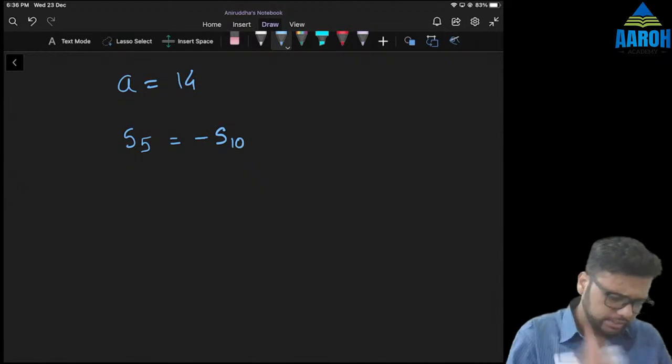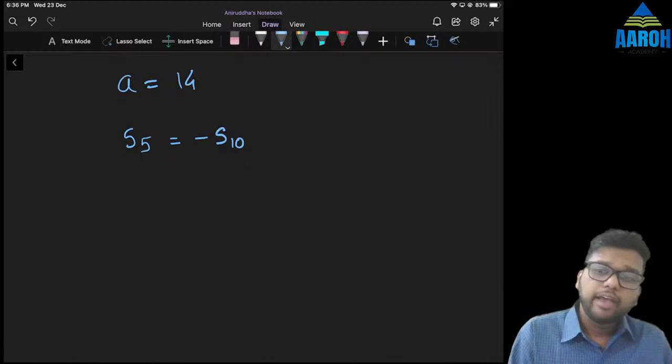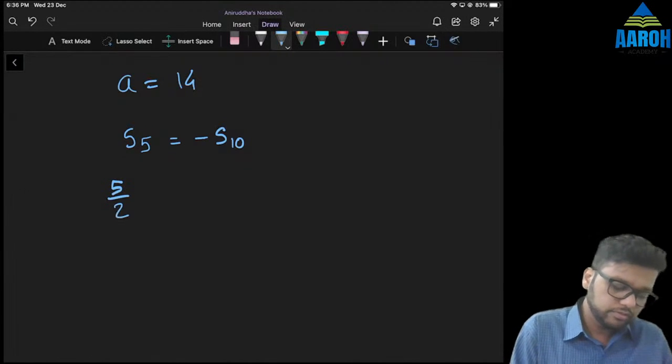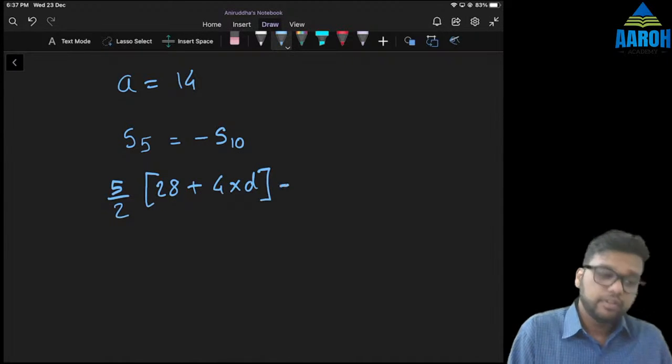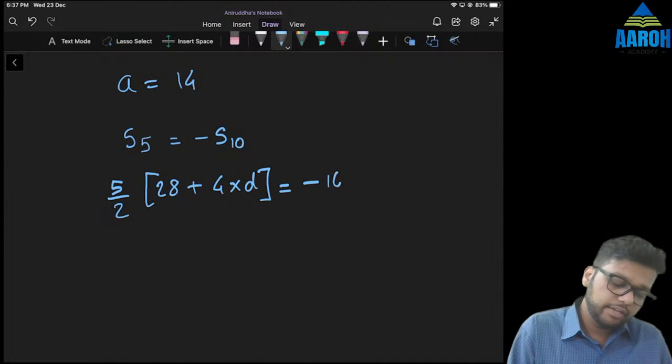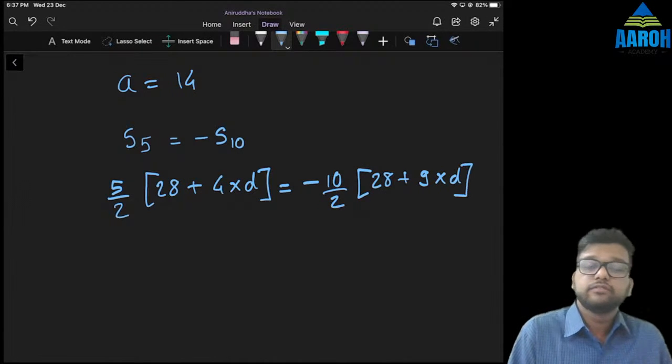Okay, so let's solve this. S5 will be n by 2 into 2A, that is 14 into 2, 28, plus (n minus 1) into d, is equal to minus 10 by 2 into 2A plus (n minus 1) into d.